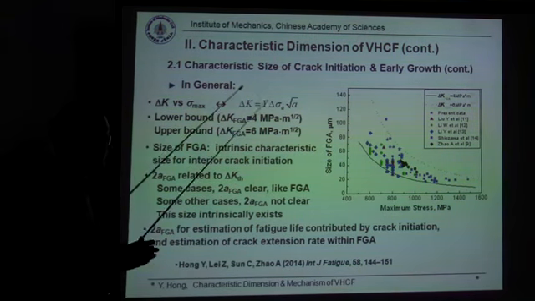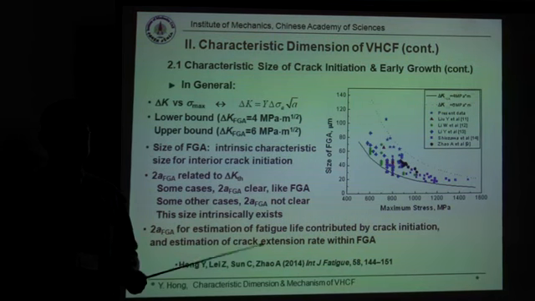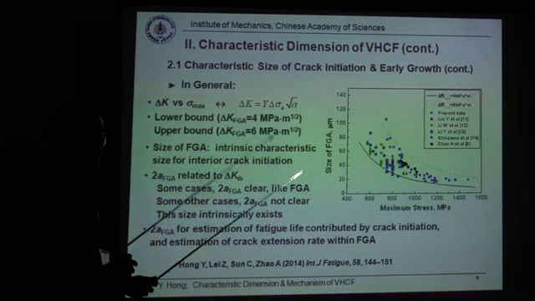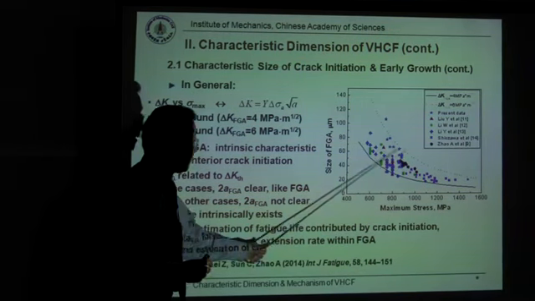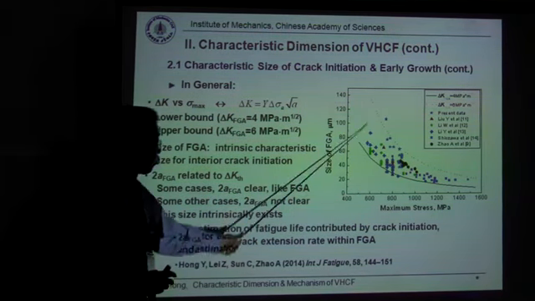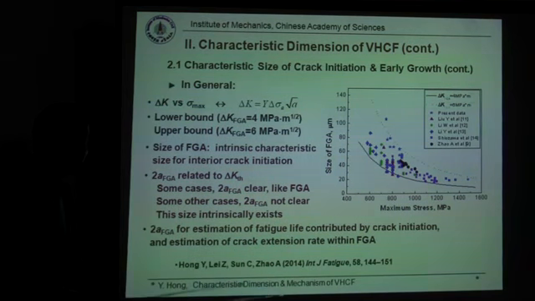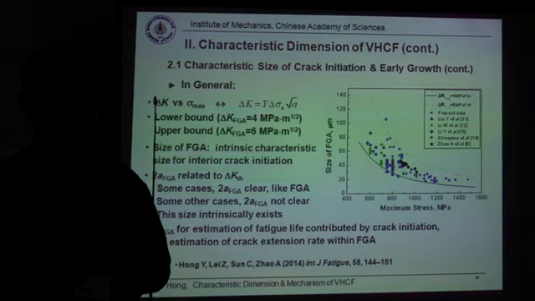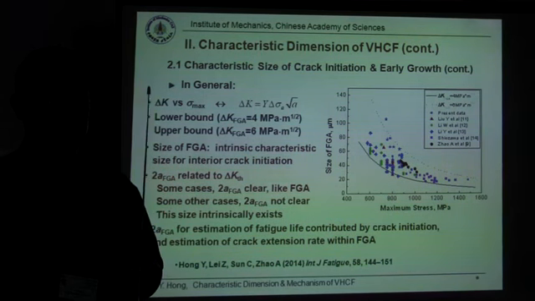Of course, first we measure this value of delta K FGA, it is almost between 4 and 6 megapascal square meter, and also the other data from the literature are within this range. So at this stage, we said that there is a characteristic dimension for such kind of crack initiation. It is the size of FGA.